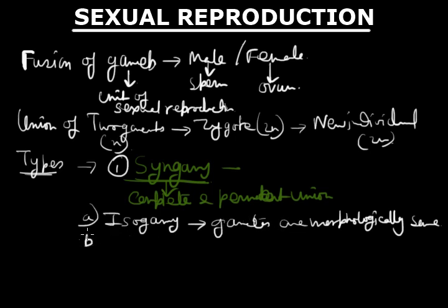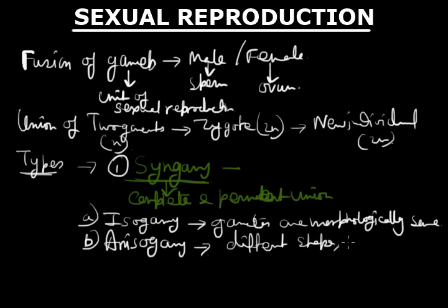Number two, anisogamy. What is anisogamy? Gametes are of different shape, size and nature. Gametes have different shape, size and nature.